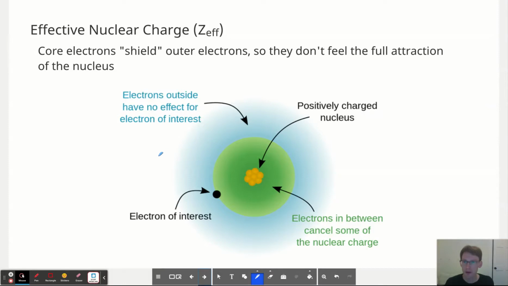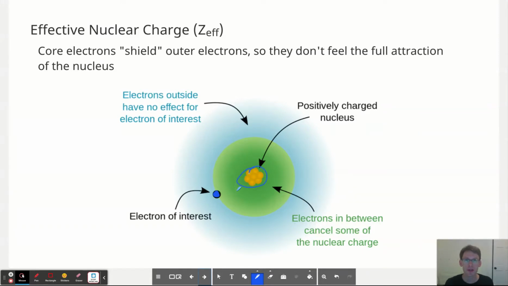So what we have is something called effective nuclear charge, which is used to make this a little bit more manageable, to understand the attraction of an electron of interest, which with periodic trends, we're only ever talking about the valence electrons, the outermost. So we've got the outermost electron and we've got the nucleus.